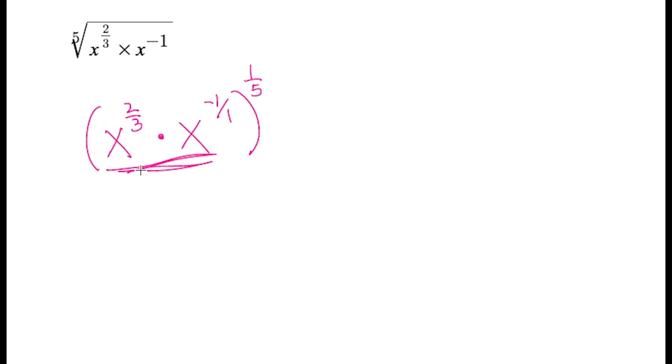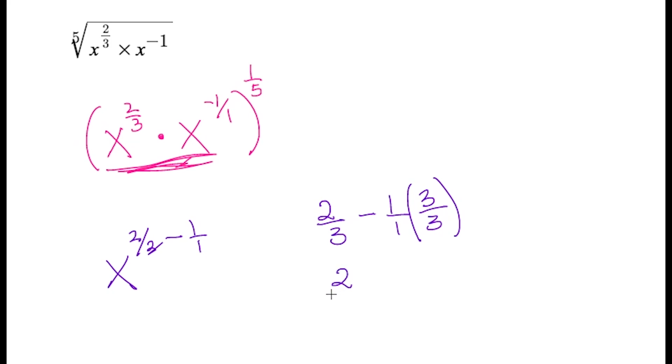So first I'll deal with the inside of my parentheses, and we need to add 2/3 and -1. So to get the common denominator, I'll multiply my right side by 3/3, and you get 2/3 minus 3/3, or -1/3. That means the inside of my parentheses is x to the power of -1/3.